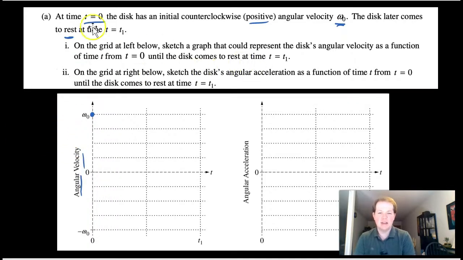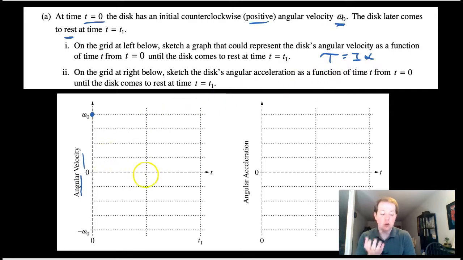Okay, I know it doesn't ask to prove it, but I know that if there's a torque, that causes an acceleration. And if there's a frictional torque, that's going to cause a deceleration, right? A slowing down. Well, if the torque is constant, that acceleration should be constant. I should have a constant slowing down, a constant negative or opposite acceleration.